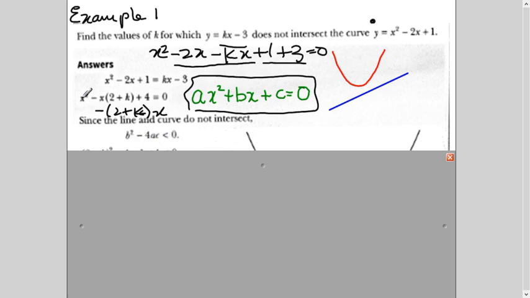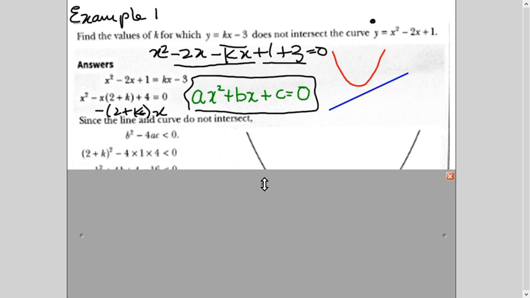So your a is 1, b is minus 2 plus k, and c is 4. Can you notice here? What happened here? Where has this minus gone? If you are confused, I can show you here: minus 2 plus k whole square. So this whole square will change this minus into plus. So that's why there is no minus, right?